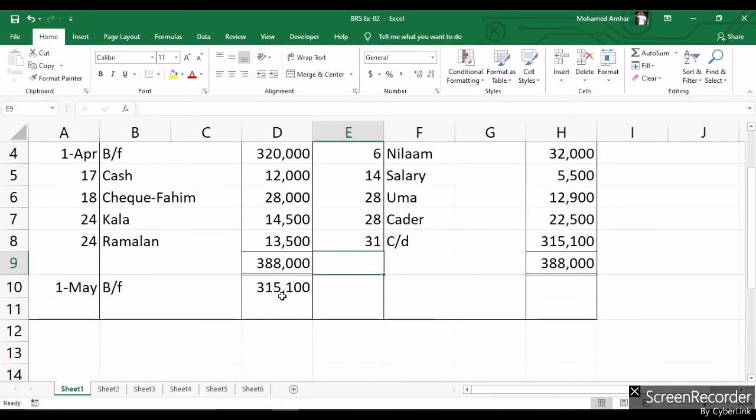So these two balances do not tally. What is the reason for these two balances not tallying?